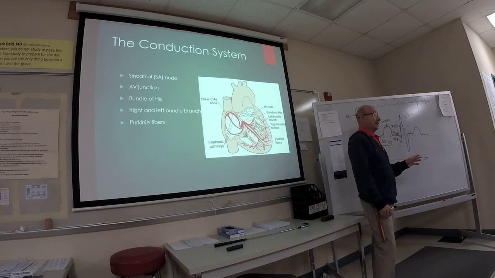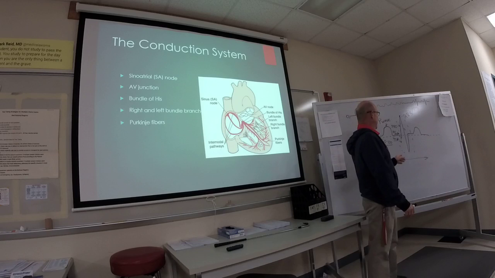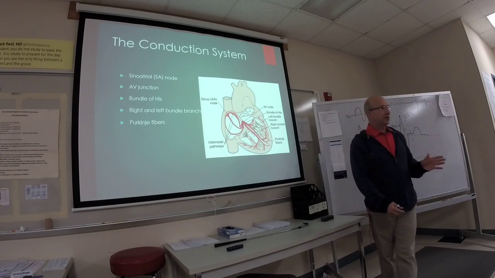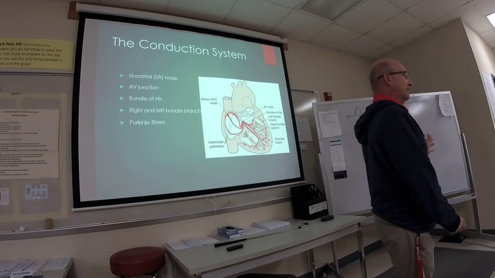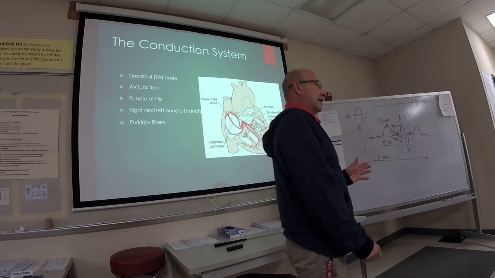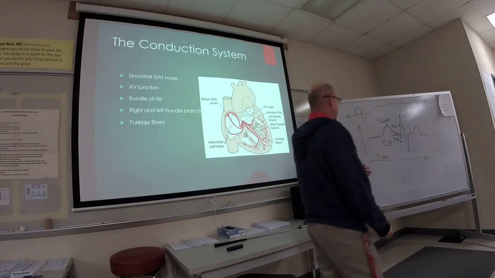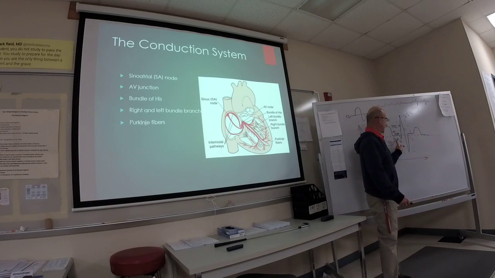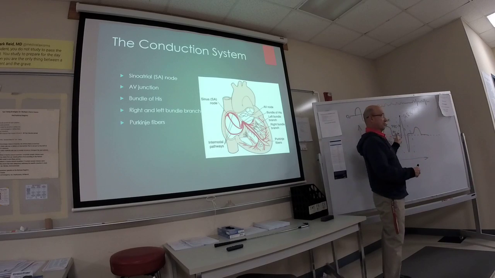Now you can have an accelerated junctional rhythm. We'll get into that. So an accelerated junctional rhythm would be a rate above what? 60. Correct. It'd be a rate above 60. Okay? So the normal rate of this junctional rhythm is between 40 and 60. And that's for another day. But we'll get into junctional rhythms.